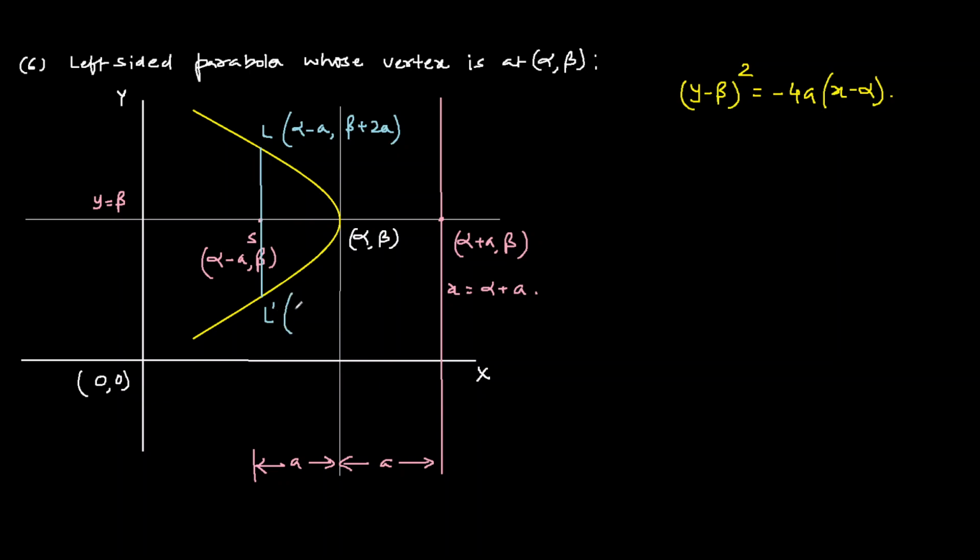So the coordinate of L dash is alpha minus a comma beta minus 2a. The length of the latus rectum is 4a, and the equation of this latus rectum is x equal to alpha minus a, because it is a line parallel to the y-axis.